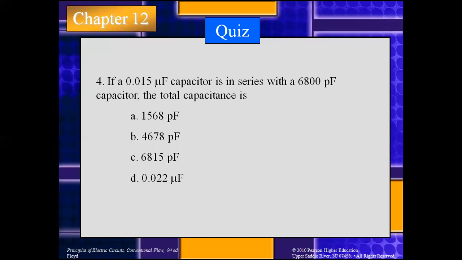So here the values are 0.015 microfarad and 6,800 picofarad. Our correct answer here is B, that is 4,678 picofarad.